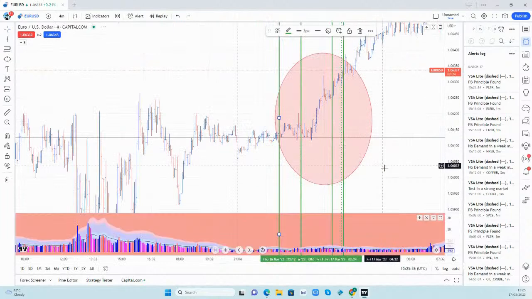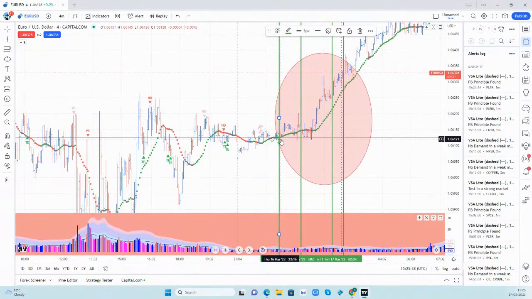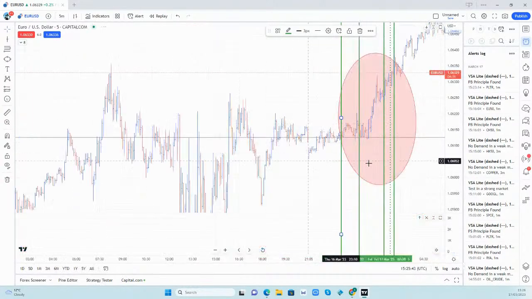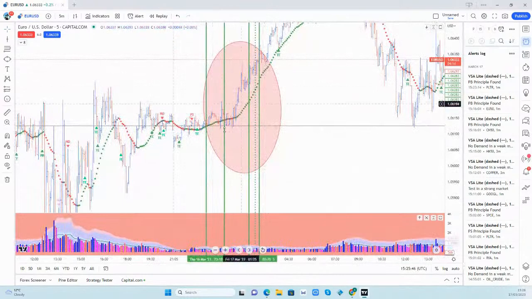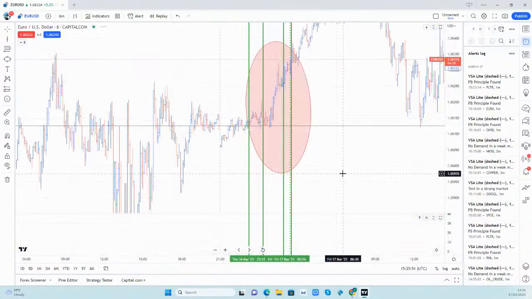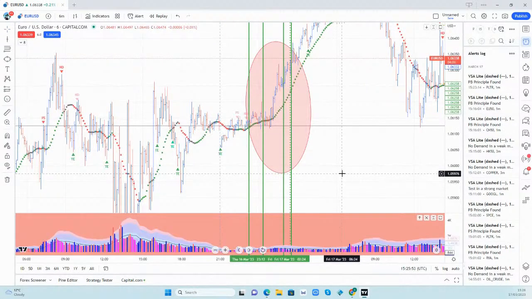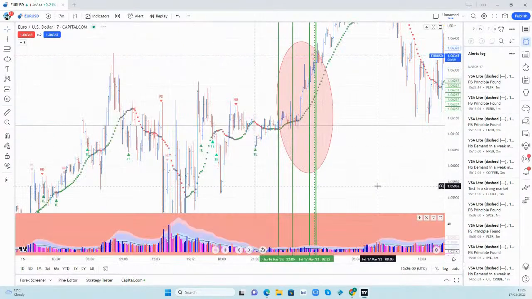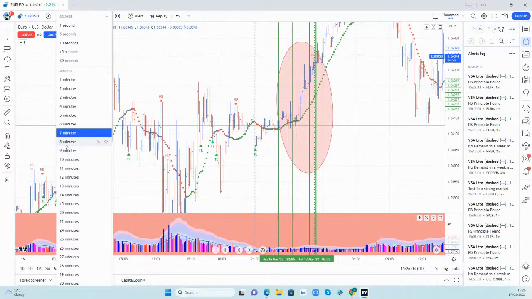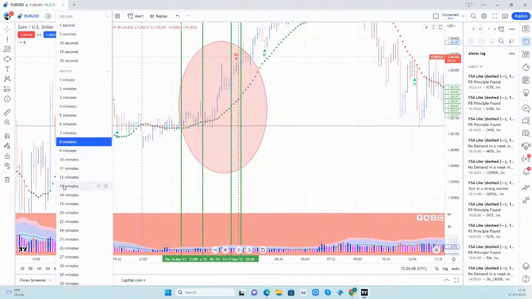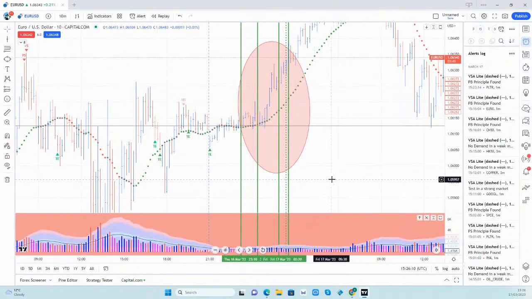4 minutes chart. There's a test on a 4 minutes. Good. The trend is going up. So you observe the trend. You observe all your principles that have appeared. 6 minutes chart. Nothing there, but the trend is going generally up, which is good. 7 minutes chart. Nothing there. Trend going up. 8 minutes chart. 9 minutes, 10 minutes chart.